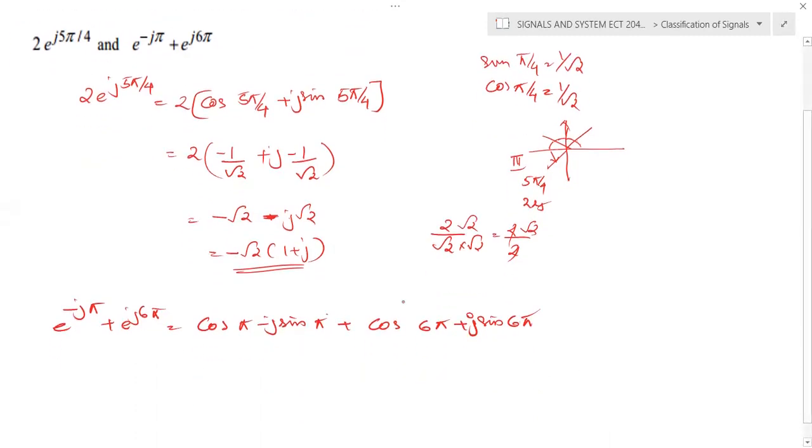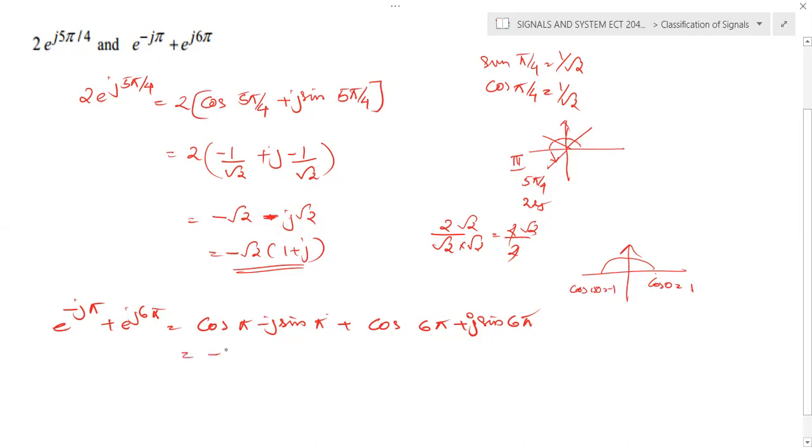So if you write cos 180, we know that cos 0 is 1 and cos 180 is minus 1.